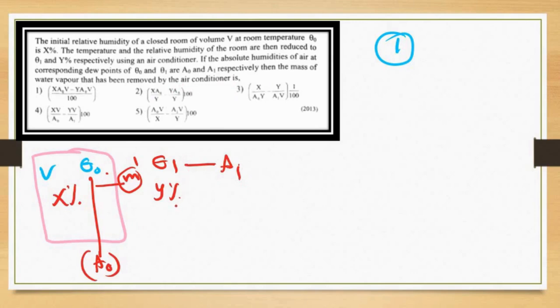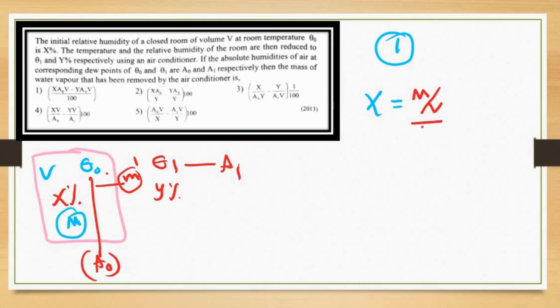Right, so let's write down the equation for x. So x equals current vapor mass. Let's say total mass of vapor inside is m, so I can write the equation like m divided by volume. I'm writing the equation from absolute humidity because absolute humidity is given as data.